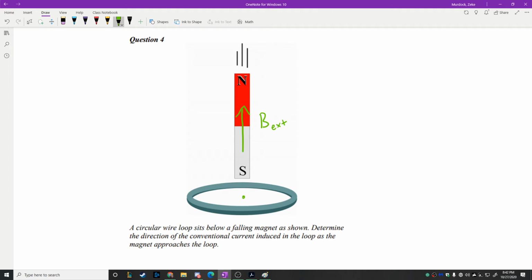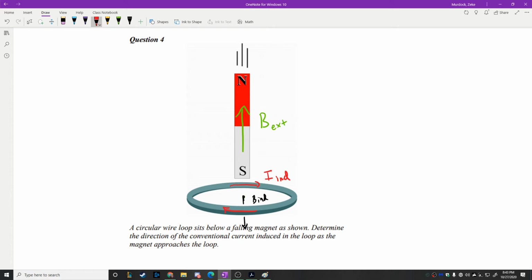So we need the induced magnetic field to go the opposite way, like that. In order for that to work, the current's got to flow around like this. Again, it's opposite. Yeah, clockwise.